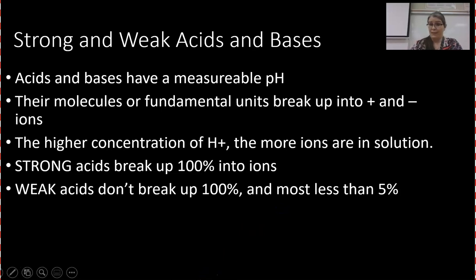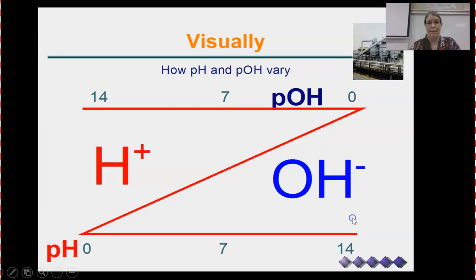Of course, acids and bases have a measurable pH because they break up into OH- and H+ ions. And again, the more the acid breaks up into H+ ions, the more the pH is going to change. And the more the base breaks up and gives me OH- ions, the higher the pH is going to be.